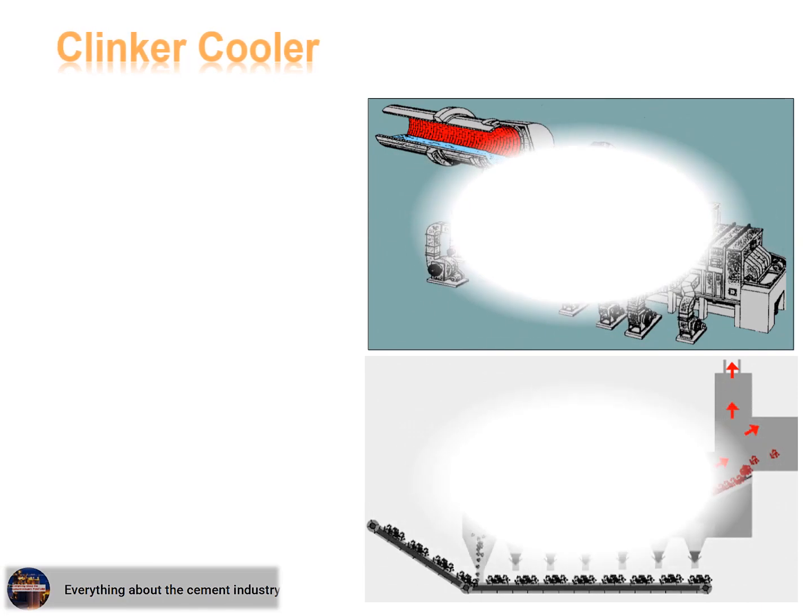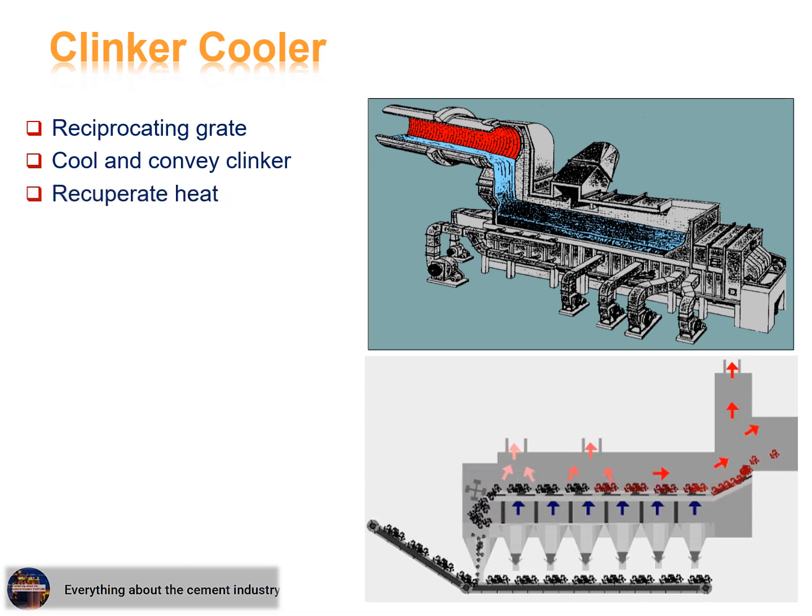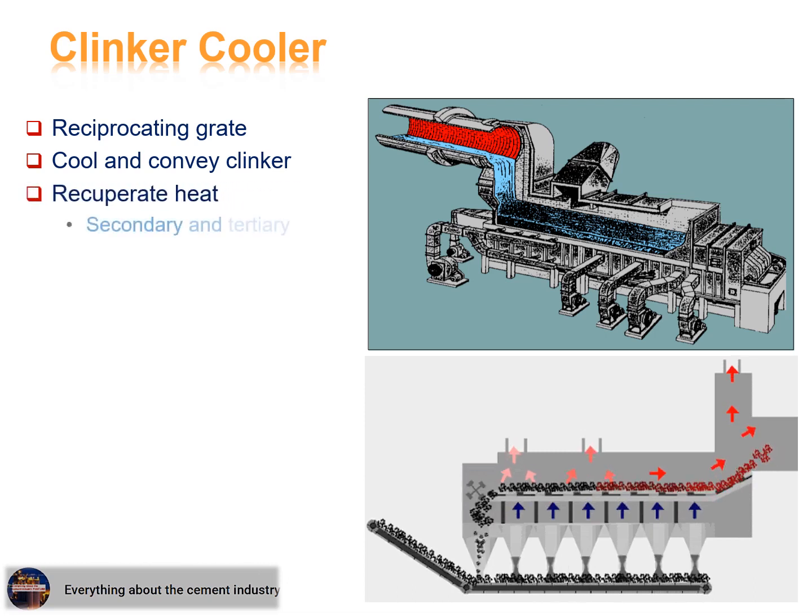Clinker cooler, one of its most important characteristics: 1. Reciprocating grate. 2. Cool and convey clinker. 3. Recuperate heat: secondary and tertiary air. 4. Air distribution: multiple control points. 5.